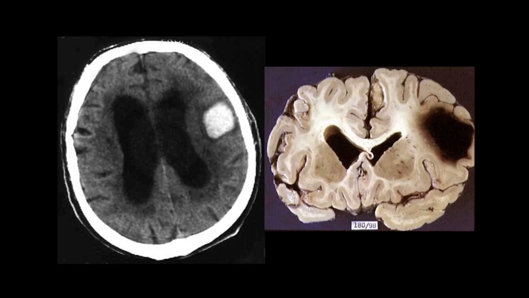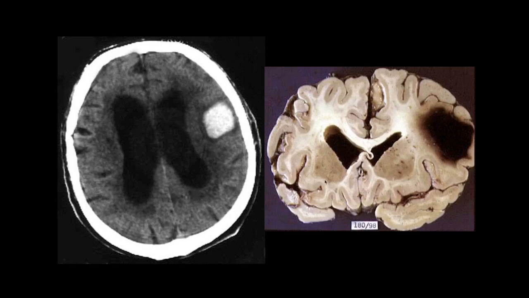Now I would like to differentiate that scenario from the next one I'm going to show you. This time we're not dealing with a 40, 50-year-old patient. We're dealing with a patient who is much older, for instance, in their 80s. We again have a lobar hemorrhage, but here the thing that is striking is that we have a lot of chronic ischemic small vessel disease.